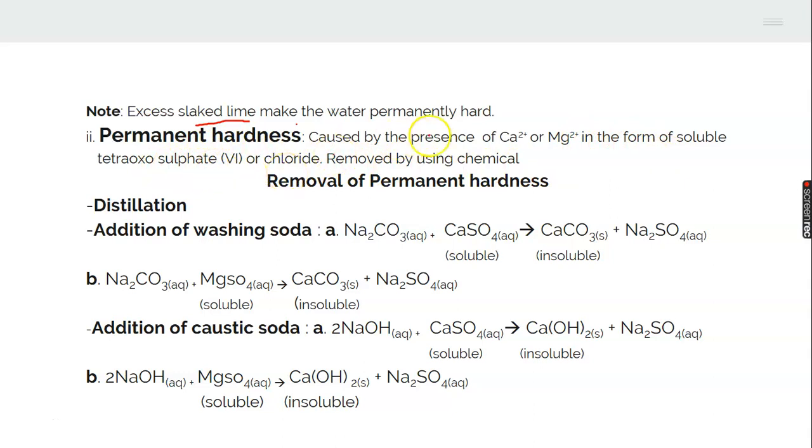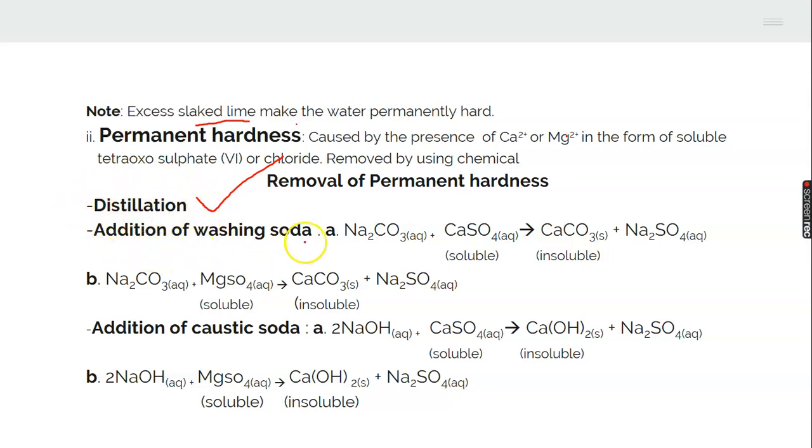That means you can have it as calcium tetraoxosulfate 6, or calcium chloride, or magnesium tetraoxosulfate 6 or magnesium chloride. And they are mainly removed by using chemicals. The first one is uneconomical, so it's not used so often, which is distillation, where you distill the water and you have your ions remaining there.